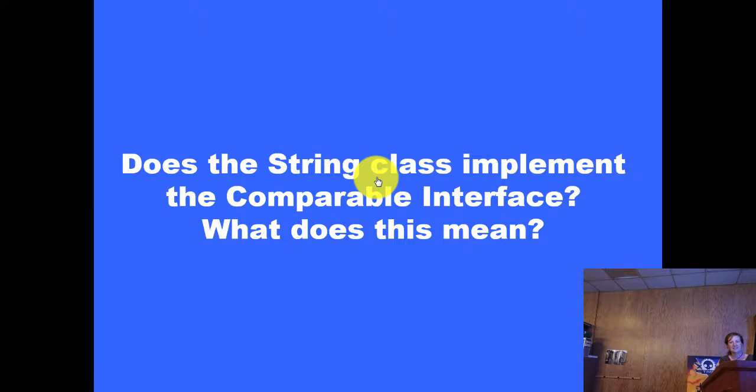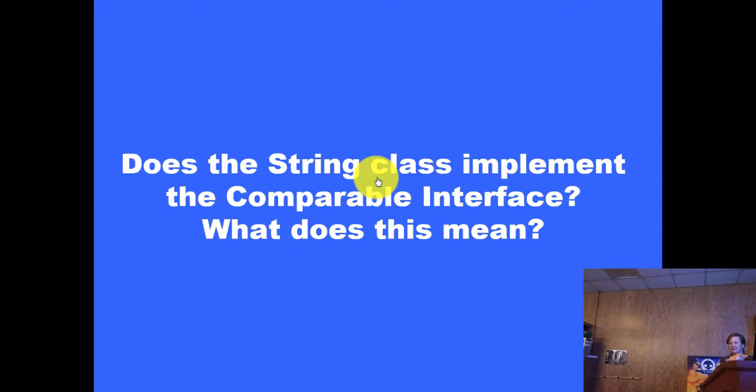It means they are... Does anyone know what it means? That's not good. Drew, what does it mean? Right, they're comparable. You can compare them. And how come we can compare them? If we implement the comparable interface, we have written which method?